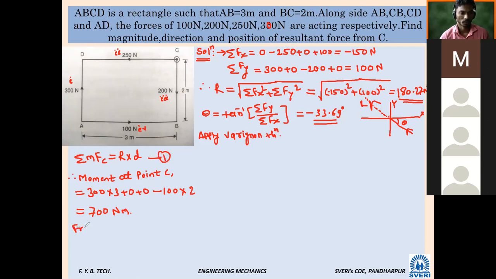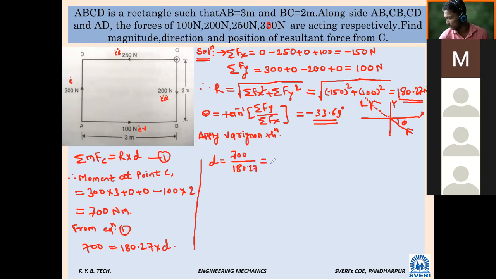So from equation number 1, what can we write? 700 equal to, the value of R is known to you, 180.27 into D. We are supposed to find D. So D is equal to 700 divided by 180.27.